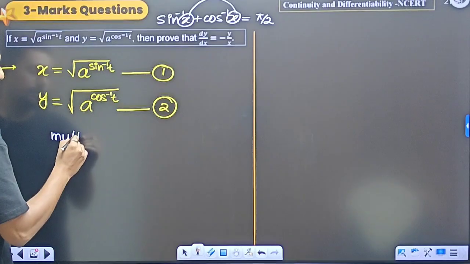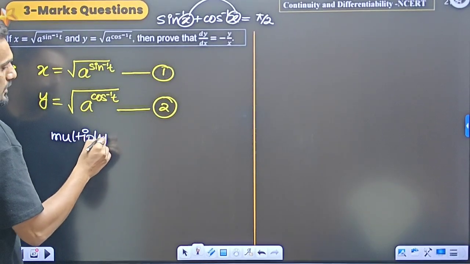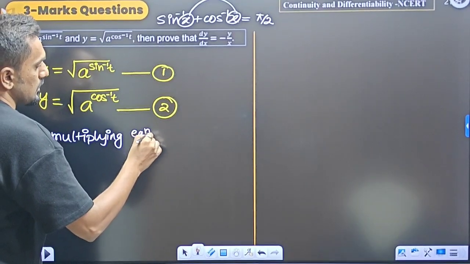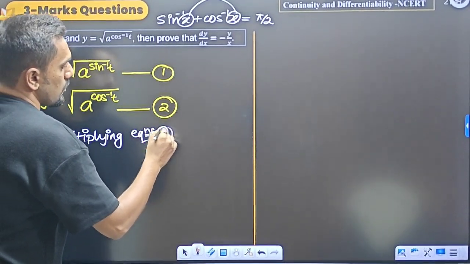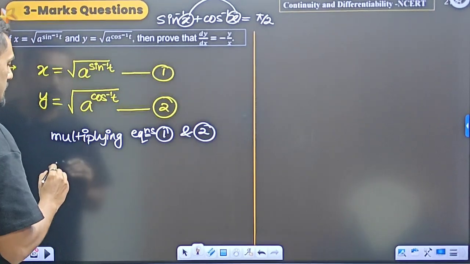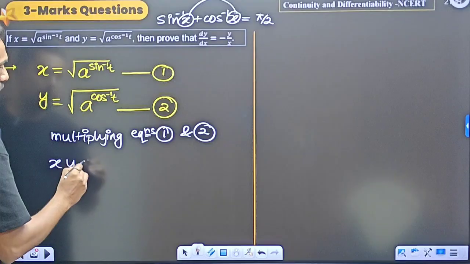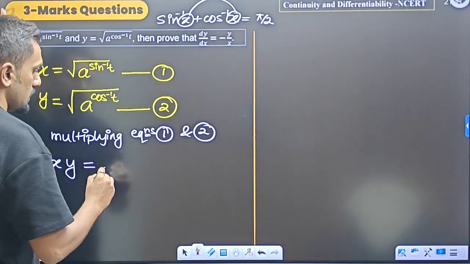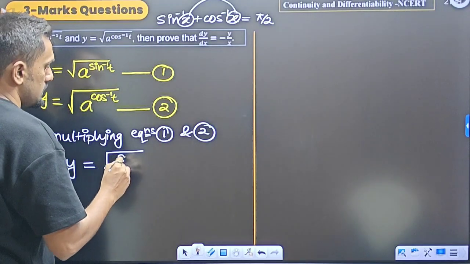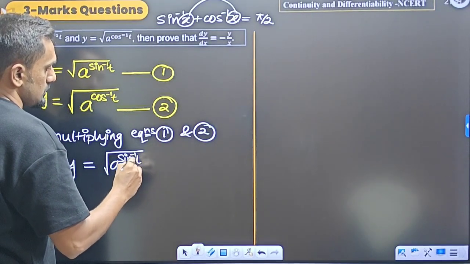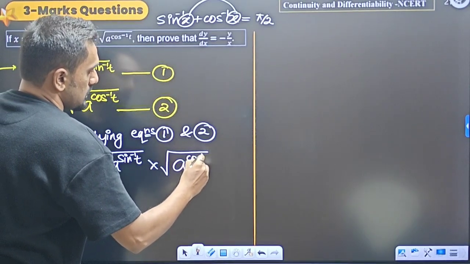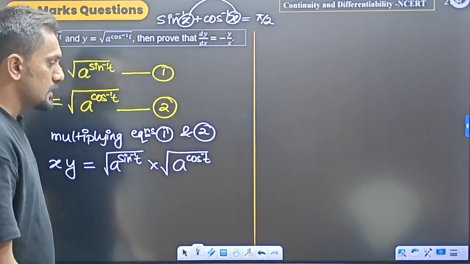Multiplying equations 1 and 2, x into y is equal to under the root of a raised to the power sin inverse t multiplied by under the root of a raised to the power cos inverse t. Right?